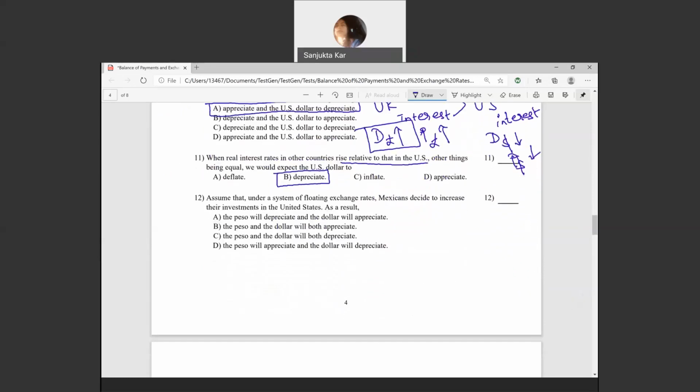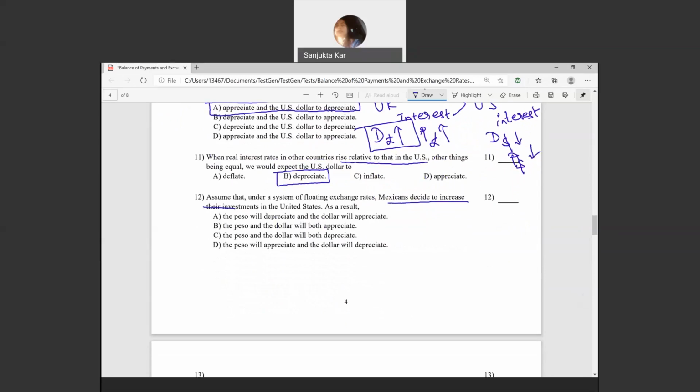Question 12. Under a system of floating exchange rate, Mexicans decide to increase their investment in US dollars. As a result, what happens? So basically, the demand for dollar will increase.